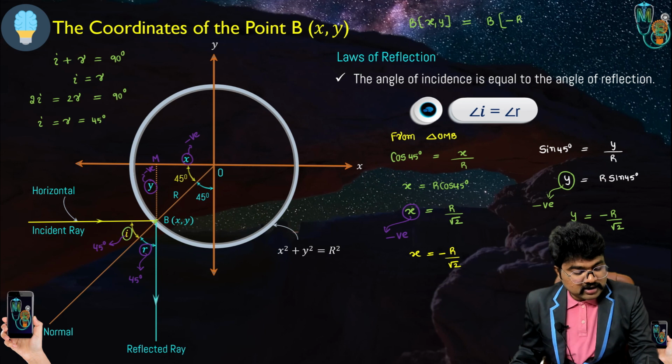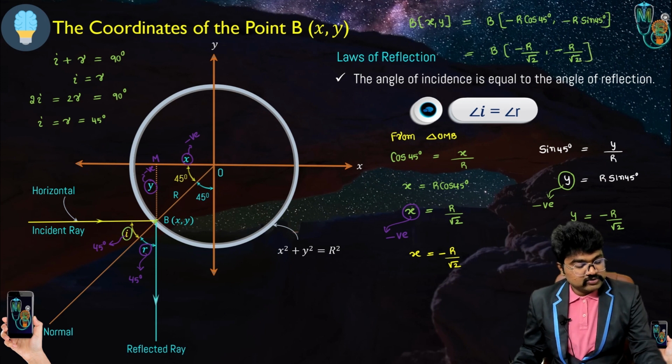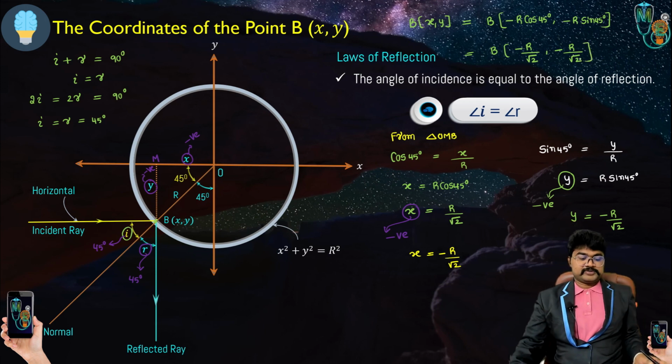Minus r cos 45, minus r sin 45 degrees. So B is minus r by root 2 comma minus r by root 2.